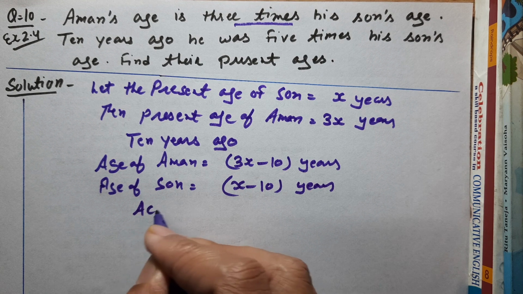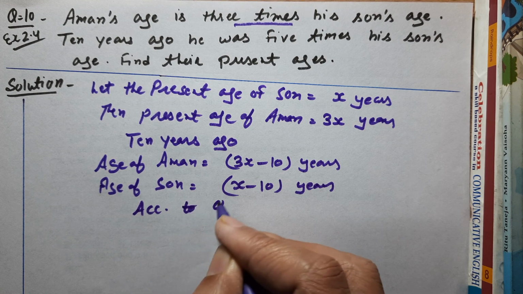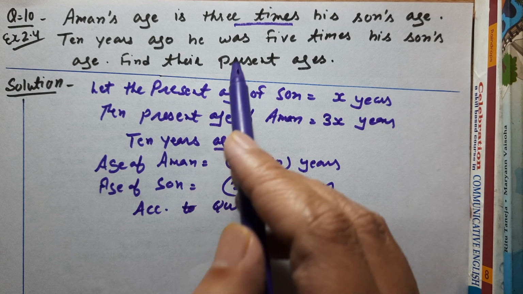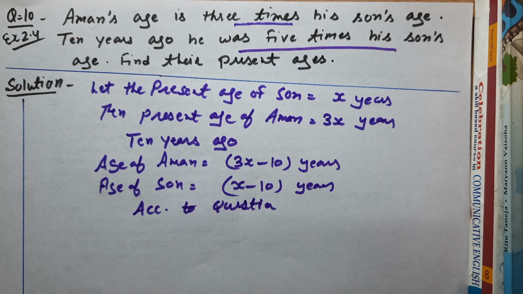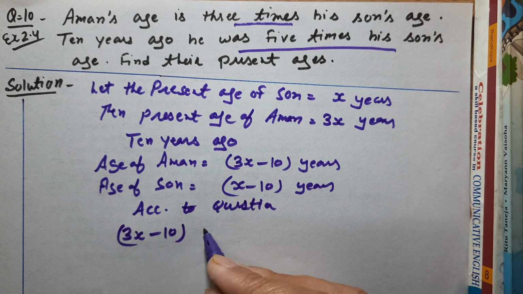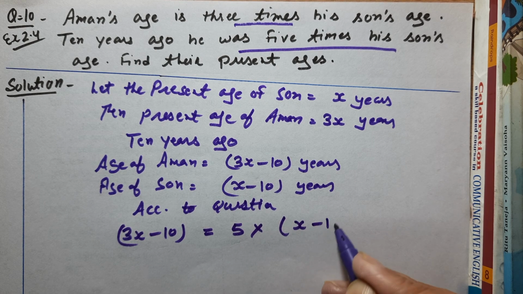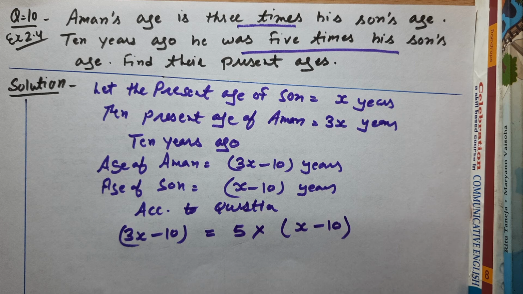Now, according to the question, what does it say? 10 years ago, he was 5 times his son's age. He means Aman. 10 years ago, Aman was 5 times his son's age. I hope this is clear.